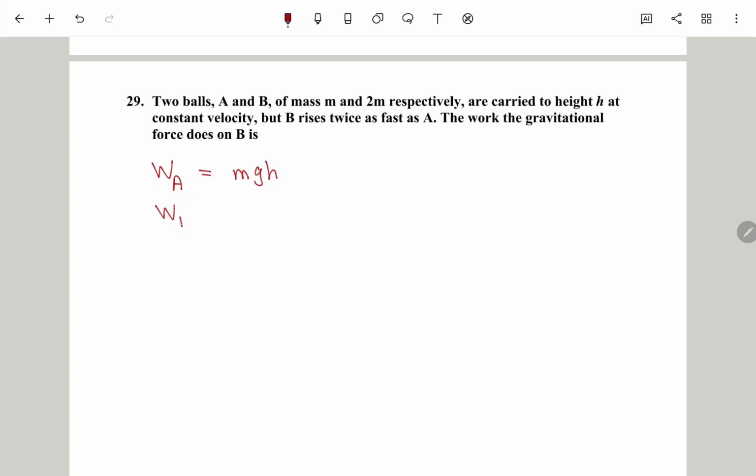Now work B is equal to double mass, 2mgh. In this case here, work B is equal to 2 work A. To answer this question, it's twice the work done on A.